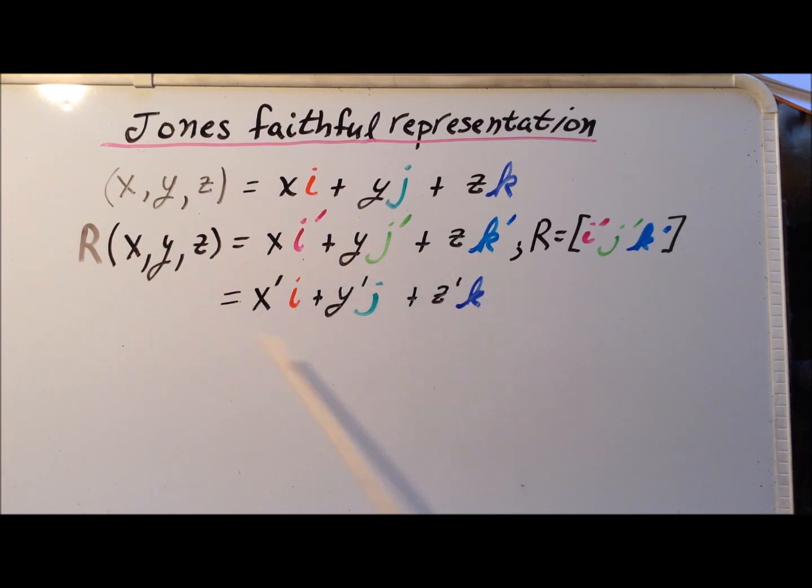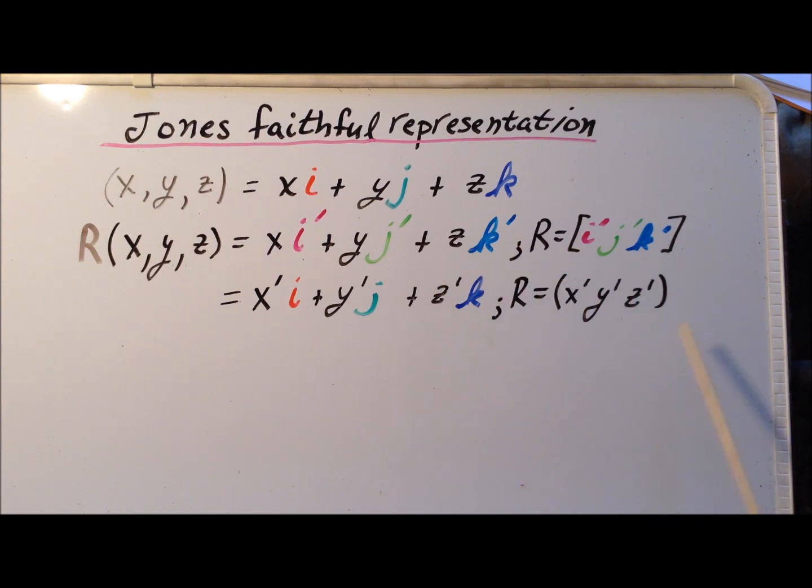So in this particular interpretation, the coordinate system is identical to what it was before, but we have changed the coordinate values, the coefficients. Instead of x, we now have x prime. Instead of y, we have y prime. And instead of z, we now have z prime. This gives us the so-called Jones-Faithful representation. And as we might imagine, we'll be able to use this to write down a representation for the rotation.